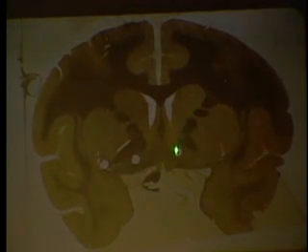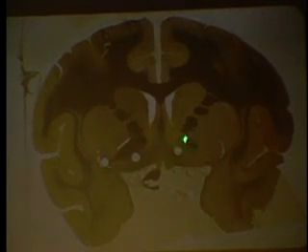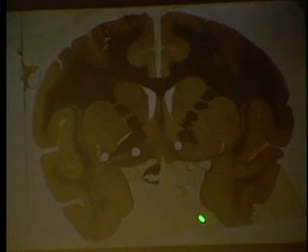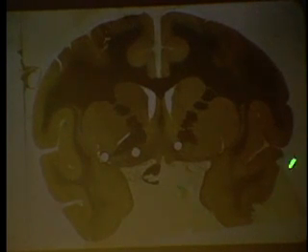Does anybody know what the structure going through the basal ganglia represents? The internal capsule. Fantastic. All right, now, what part of your neural tube, when you have the 5 divisions, does this section come from?